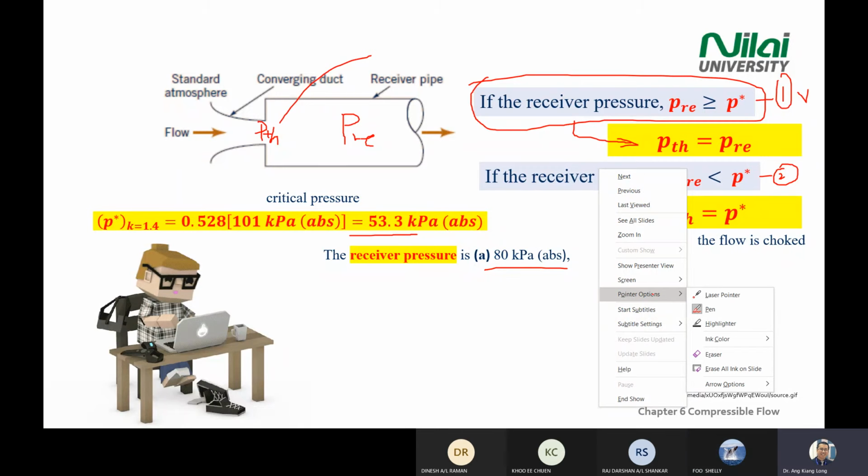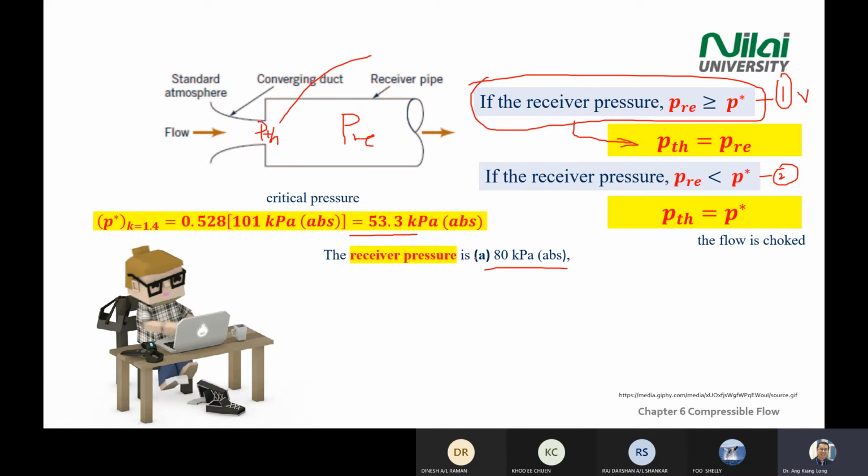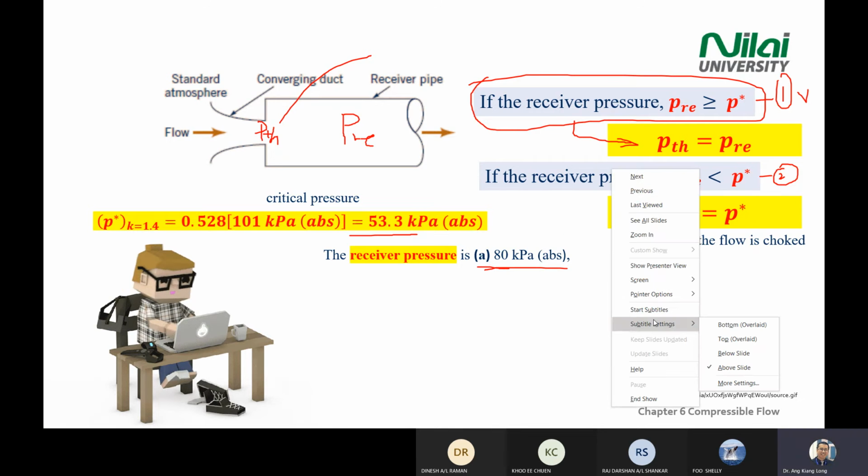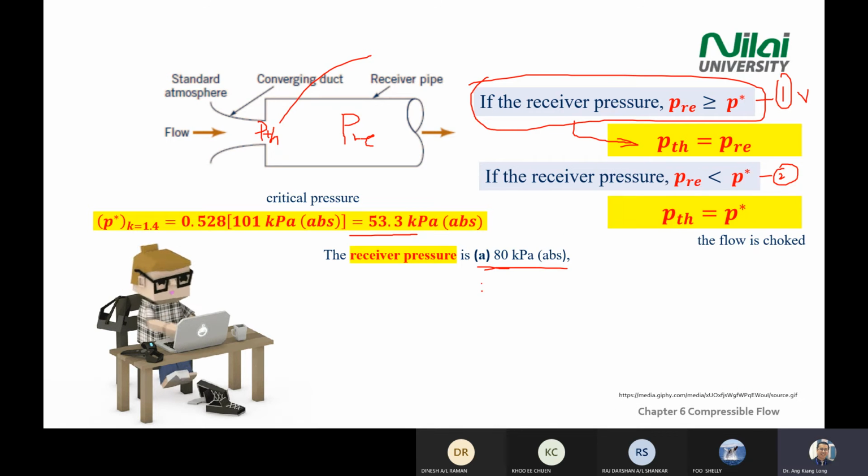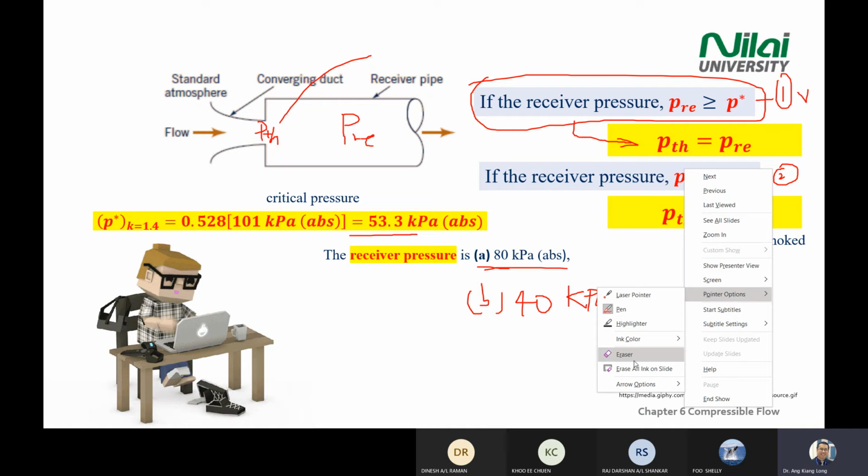Raj and Dinesh and Ku, stand by. I'm going to ask you the second scenario later. What happens if you have scenario B? Or maybe I ask you now. Second scenario is 40 kilopascal. Which category does it fall under?